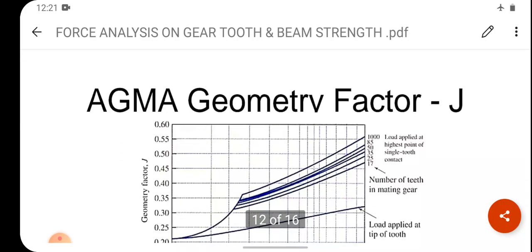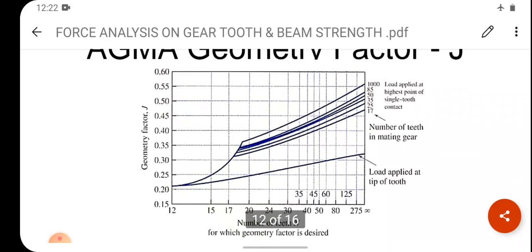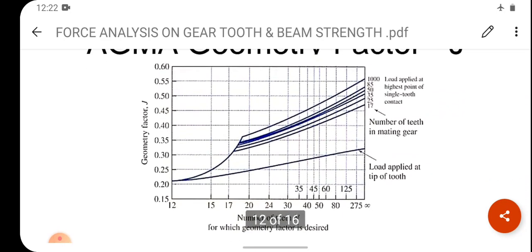I'll explain the AGMA geometry factor, that is denoted by J. That's American Gear Manufacturer Association. As per this association, the geometry factor is given as, here, number of teeth, that is n, for which geometry factor is desired. So you can find here from this graph number of teeth in mating gears and load applied at tip of the tooth.